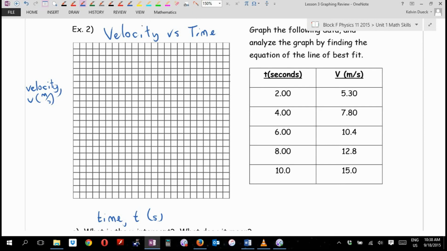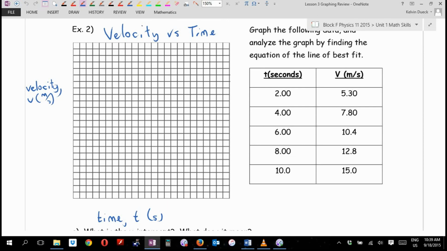Now, x-axis. I want to pick a good scale. I'm going to start at 0. What's the biggest time value in my data? So I want a graph that'll go from 0 to 10. Count how many squares are there along the bottom of your graph paper. Are there 20? Okay. Oh, 24?